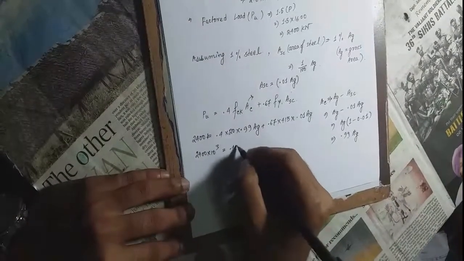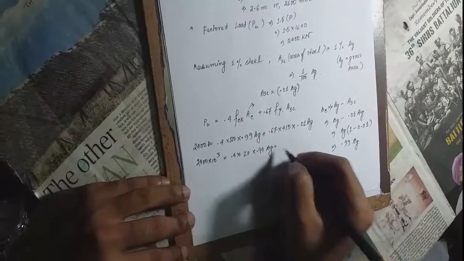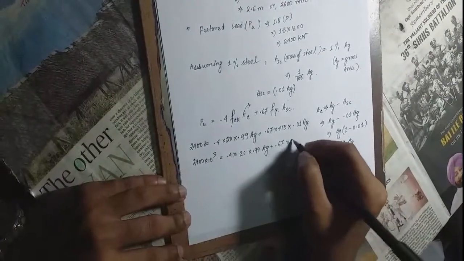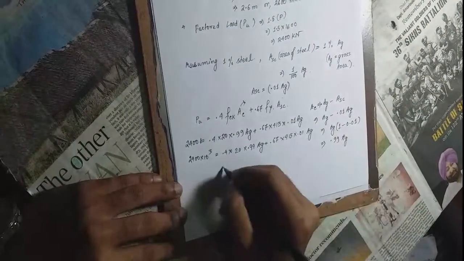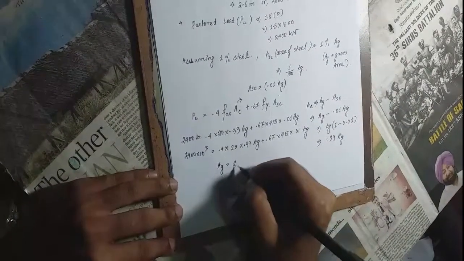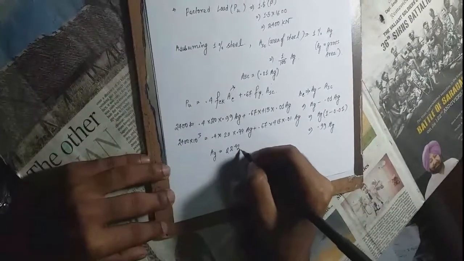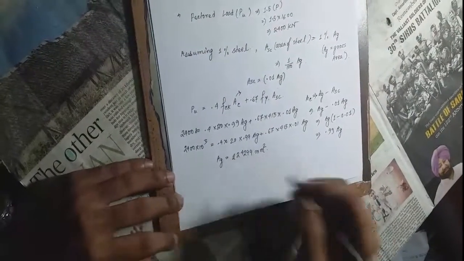Now we can write this equation like this, and from here we can get the value of AG. If you calculate, it will come as 224,299 mm square. So this is the AG value.